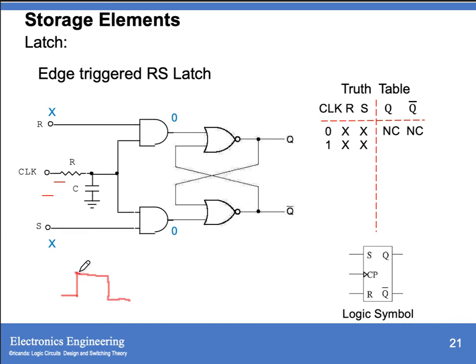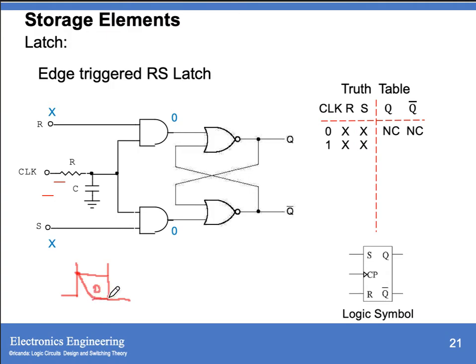But since it is directly connected to the ground, it will discharge directly to 0. So it means that when your input is equal to 1, we have a component of your value that will go to your AND gate. It has a 0. So it means the outputs of your AND gates are all 0 because of this condition.